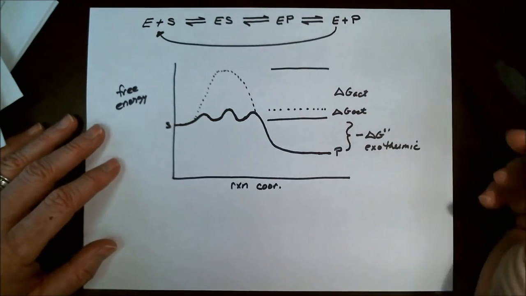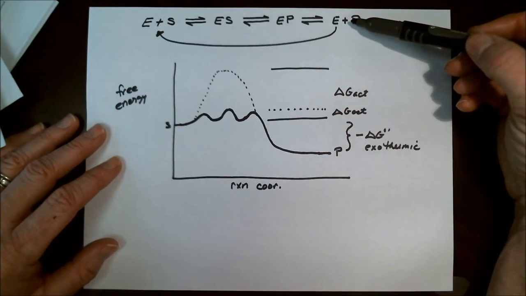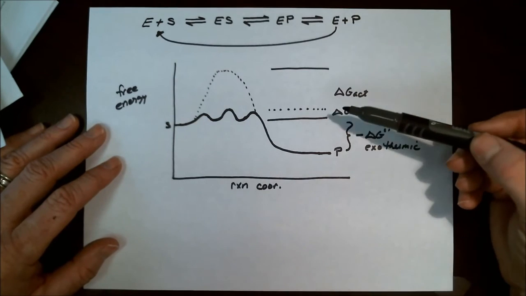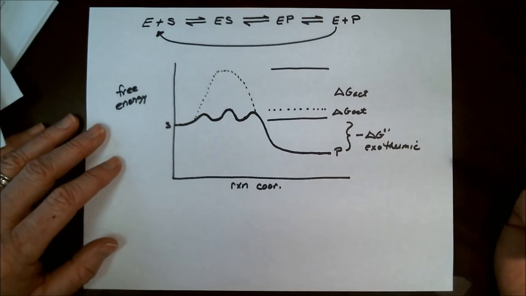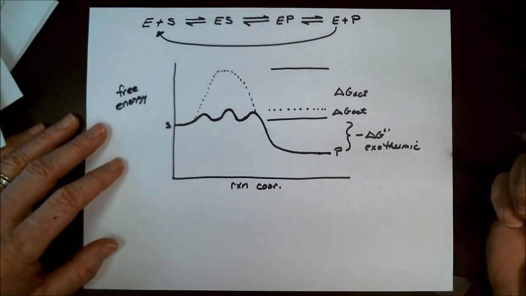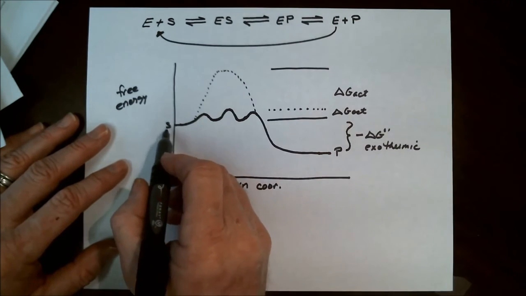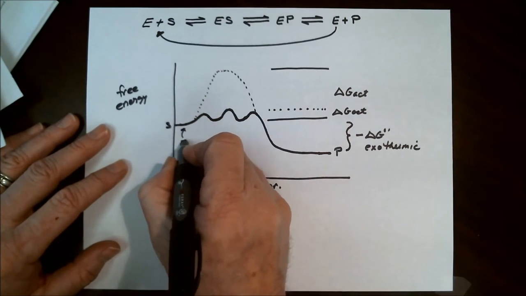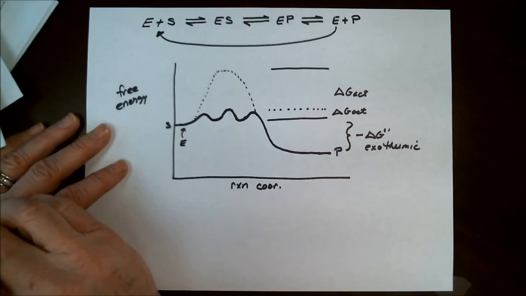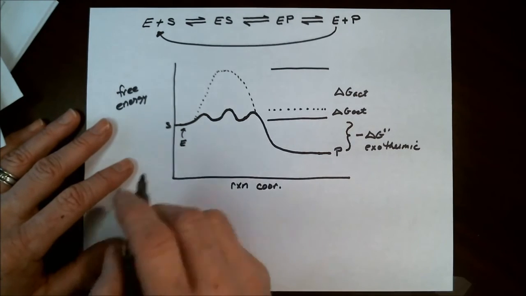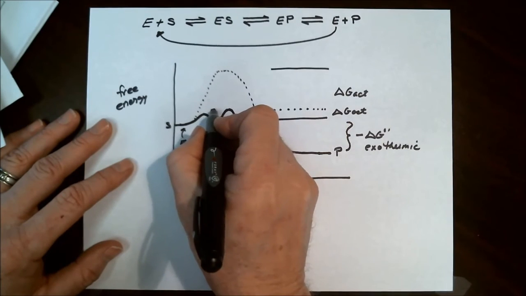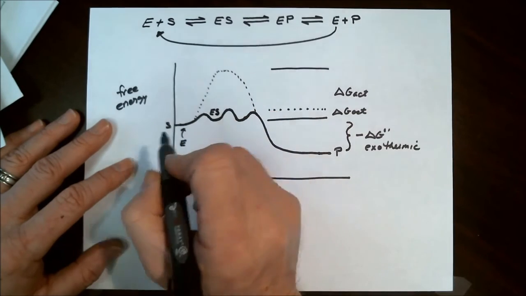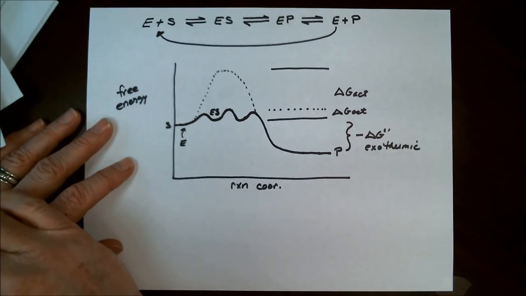Now mechanistically, how do we connect this reaction sequence with the free energy change measured in the enzyme catalyzed reaction? Well, we start out with substrate. At this point, we add enzyme. The enzyme has to bind to the substrate to form our transition complex, the enzyme-substrate complex.